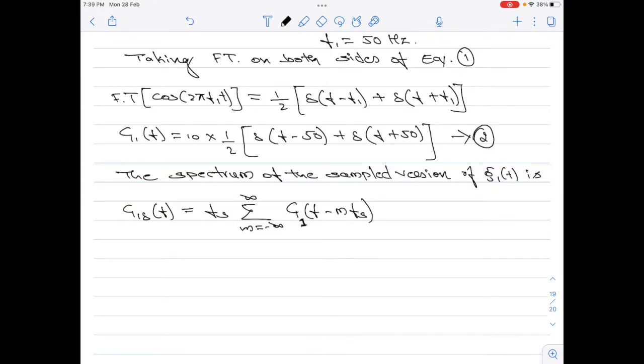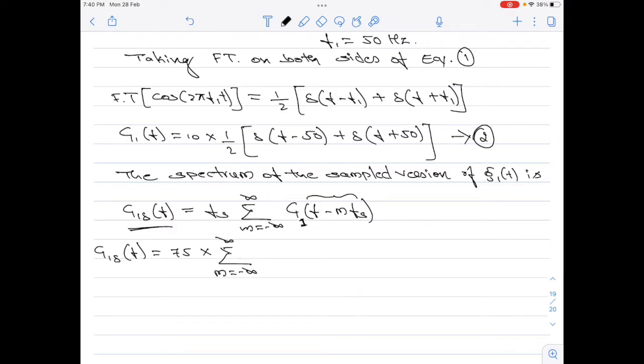Now, to obtain G1 delta(f), which is the LHS of this equation, I have to go back to equation 2, which is G1(f), and substitute wherever there is f by the f minus m Fs term, which I will do now. So, G1 delta(f) is equal to Fs, which is actually 75, multiplied by summation m varying from minus infinity to plus infinity.